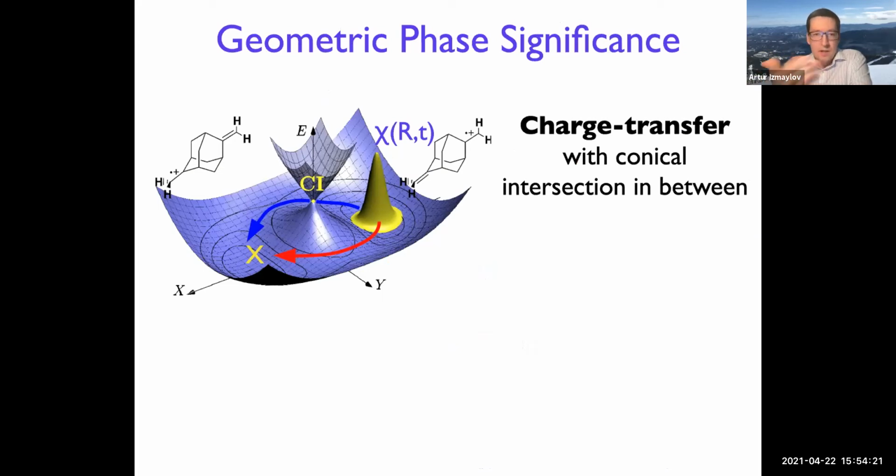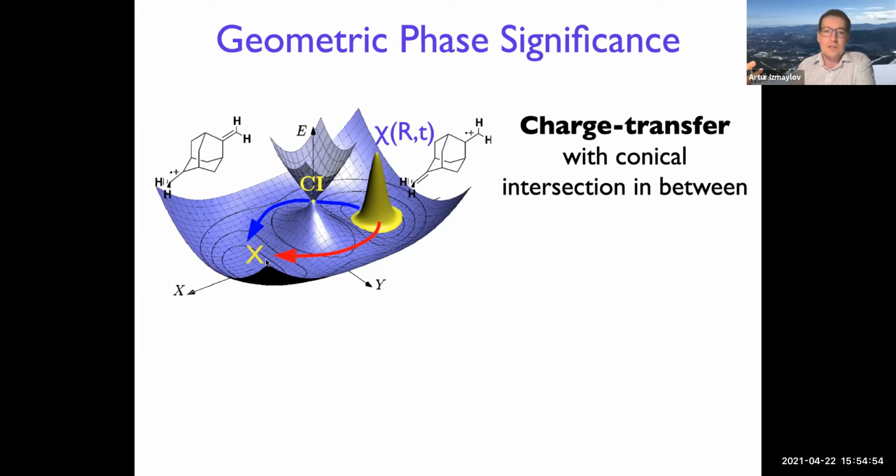One big effect you can see is in charge transfer processes, in situations where the well corresponding to charge being on one side of the molecule is separated from the well where charge is on the other side by two transition states around the conical intersection. Then your nuclear wave function doesn't really go around the conical intersection, but in quantum mechanics we have tunneling, and that tunneling happens on both sides of the conical intersection.